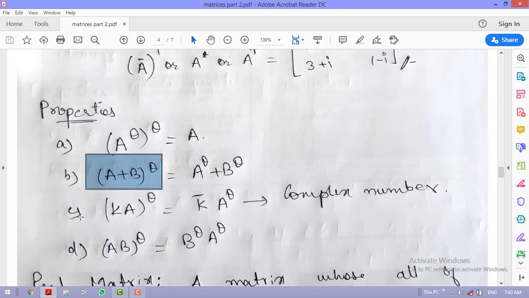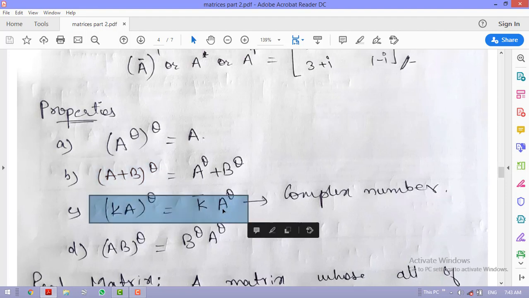It is necessary that k should be a complex number, then only you can apply this rule, right? Why am I showing this kind of rule without any problem? We have seen that in GATE many times they ask many questions regarding properties directly. Because of that reason only I am showing such data.